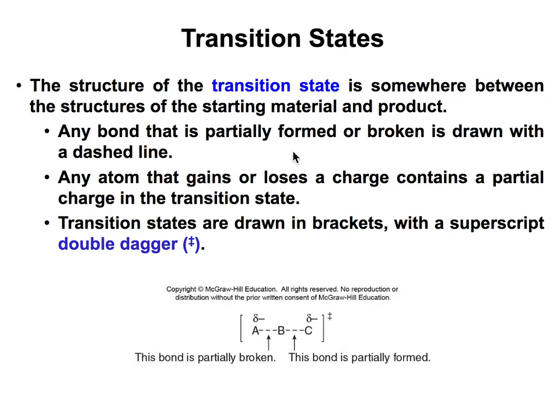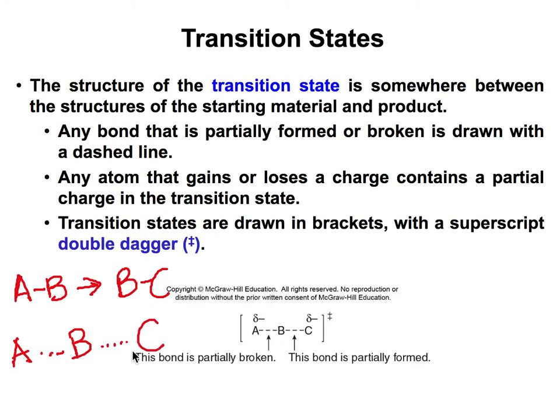The transition state is not something that we can isolate in the lab, but it looks like something in between my starting material and my products. If you have a reaction where A-B transforms into B-C, as the A-B bond is being broken, the new B-C bond is being formed at the same time.